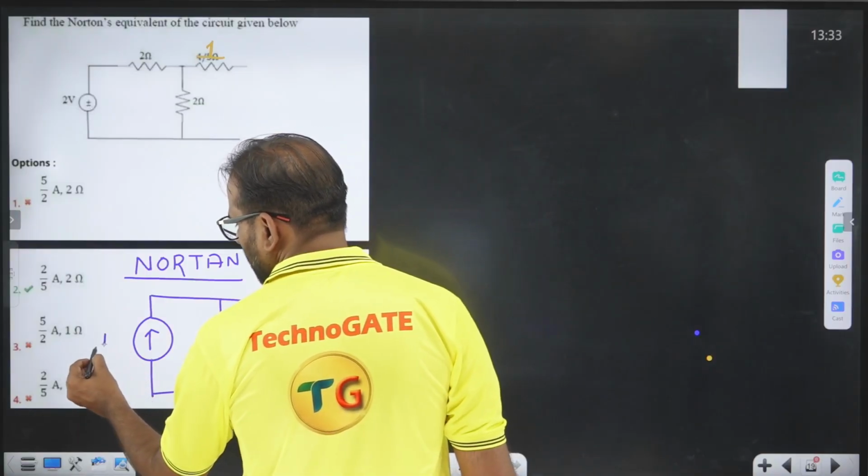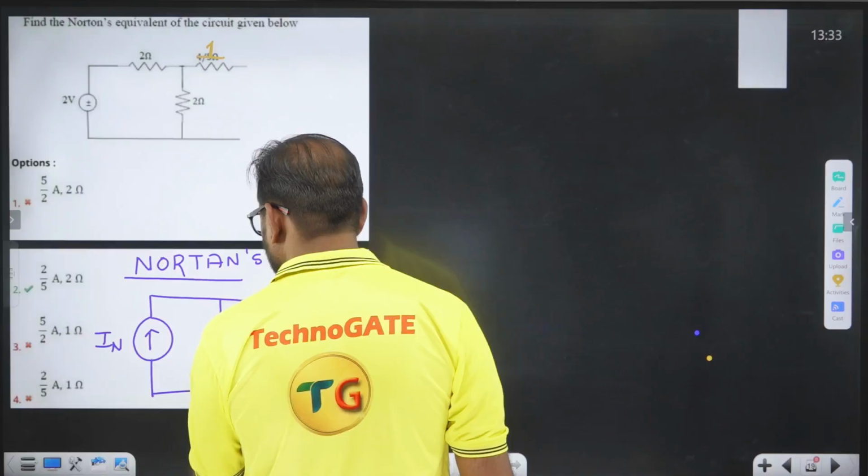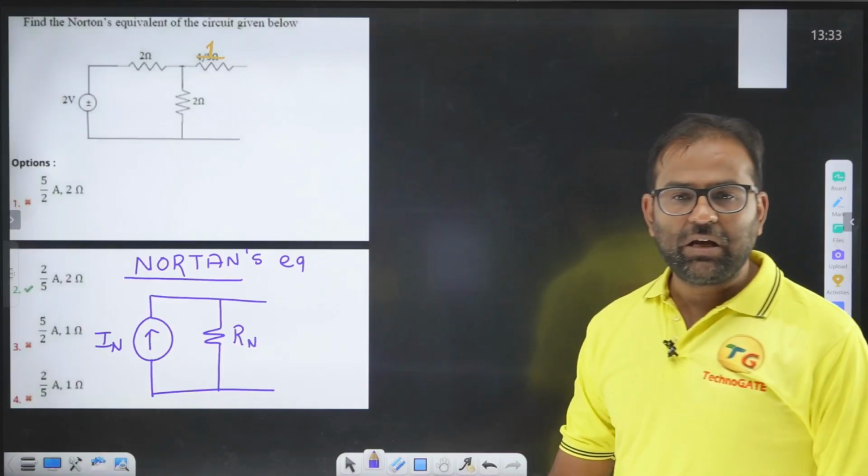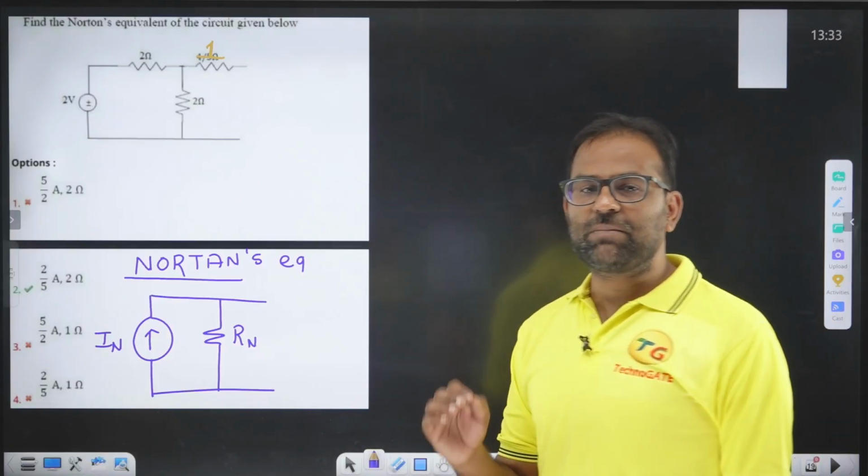That current source is known as the short circuit current source or Norton's current source, and this is known as Norton's resistance. This is Norton's equivalent. Then what is the definition of IN and RN? Keep this in mind.